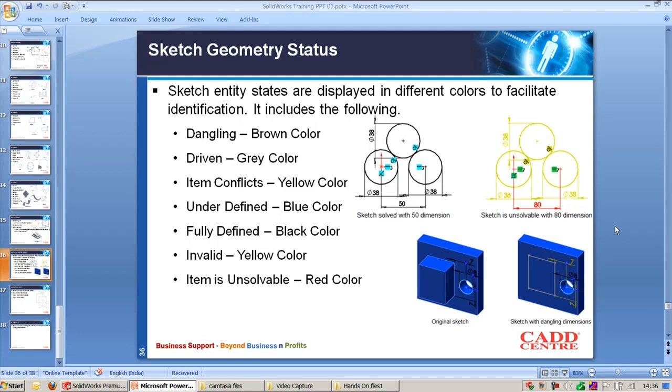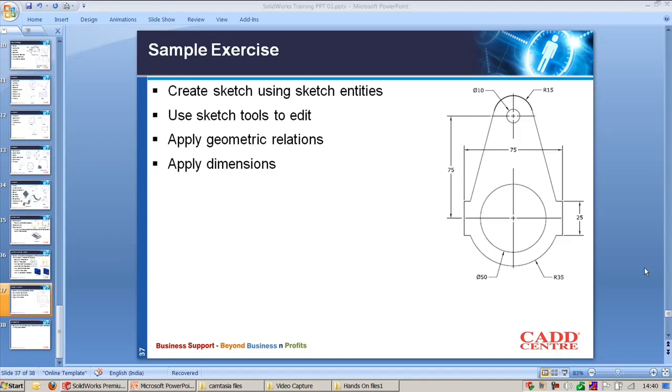To start with this, I would like to give you a small sample sketch that can be created in SolidWorks. As of now, we had seen how we can use different sketch tools and sketch entities to create a sketch. And now we are going to use all those commands, dimensions, and relations, and do a sample exercise as shown in this slide.